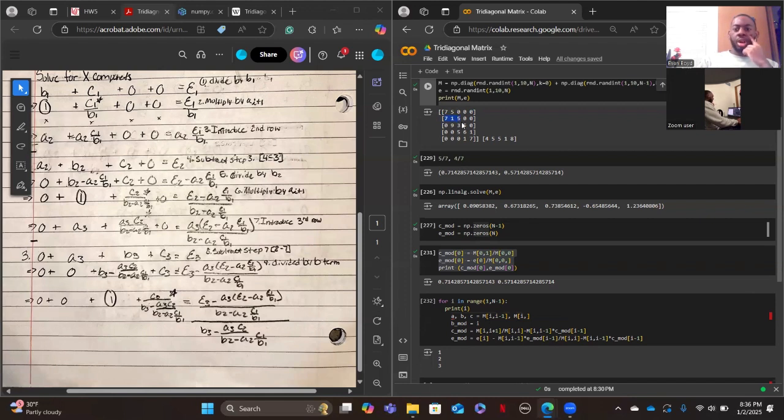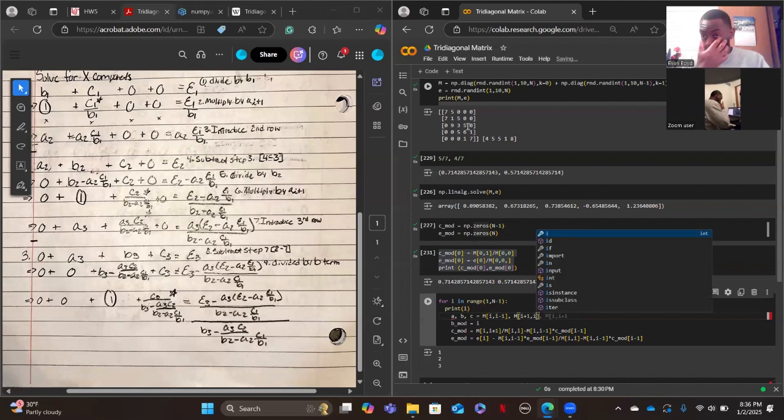Oh wait, let's only talk about the columns. So it needs to be from 1 plus 1 to, and the range should end from, hopefully this is right, should it be at I minus 1?